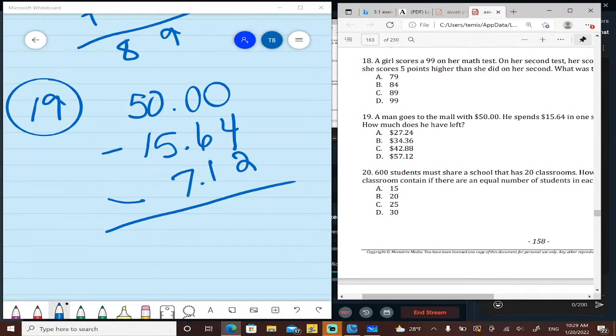So let me see. Our answer choices are in the 20s, the 30s, the 40s, and the 50s. Answer choice D is suspect. It says $57.12. Well, he only went in there with $50. So unless he stole some money from somebody or found some money on the ground, answer choice D cannot be the answer. Rule it out. So then you think about the $15 he spent and the $7 he spent, which, if we estimate, is about $23.